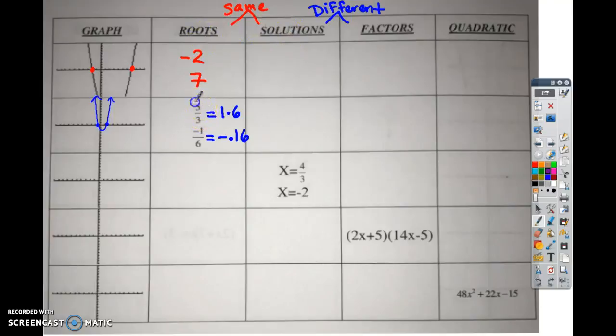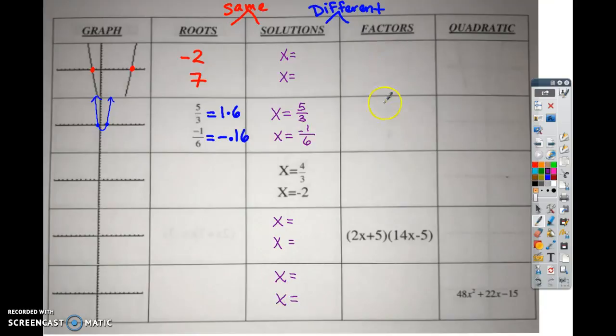So if the roots of this one are 5/3 and -1/6, then the solutions would be x = 5/3 and x = -1/6. Because this whole column needs to be written with x equals, x equals, and so forth and so on.